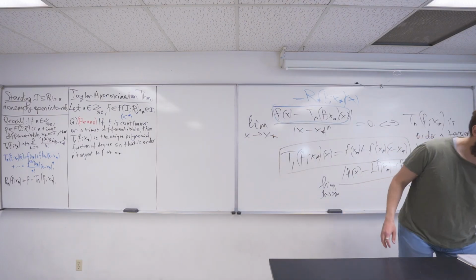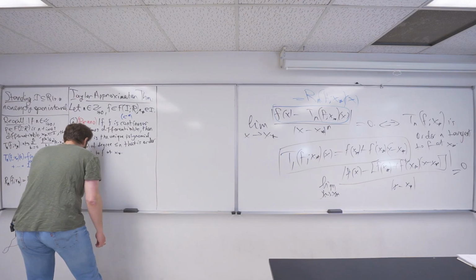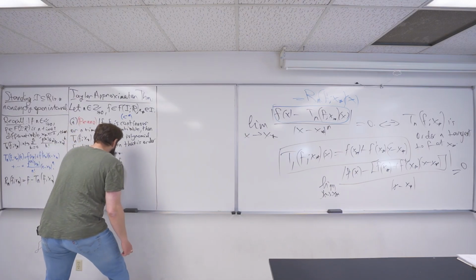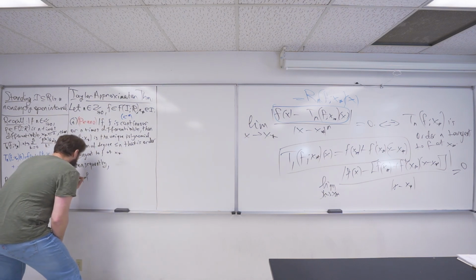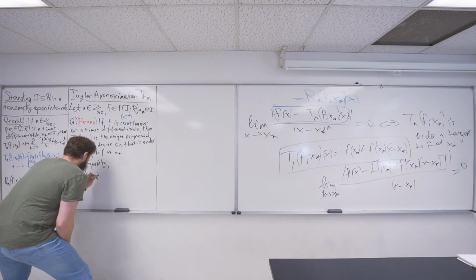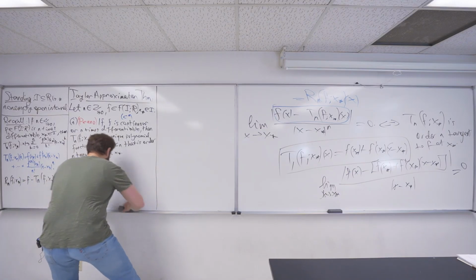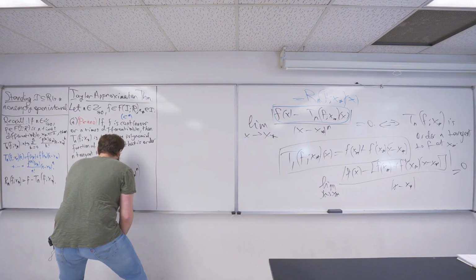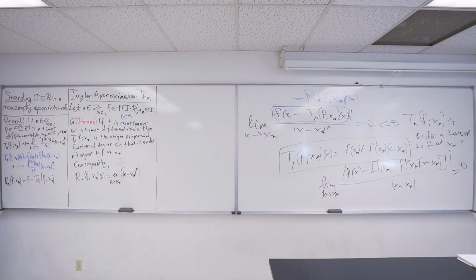Consequently, little o of x minus x star in absolute value raised to the power n as x goes to x star. Okay.